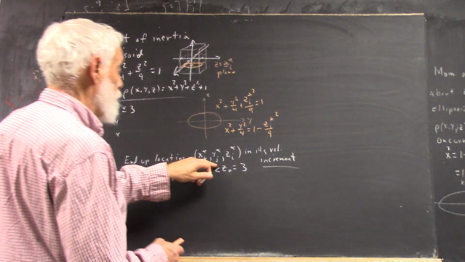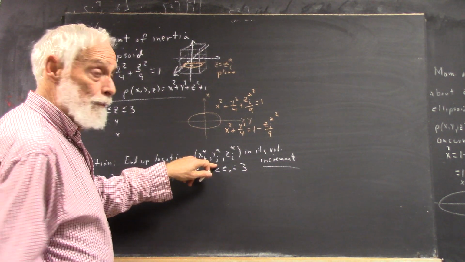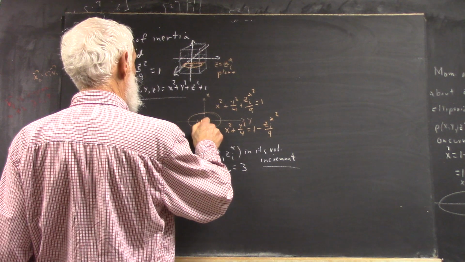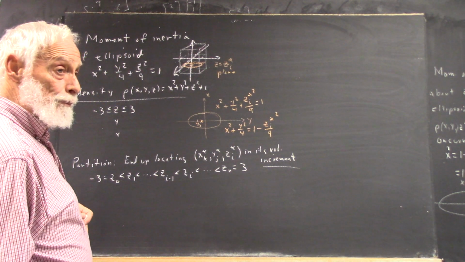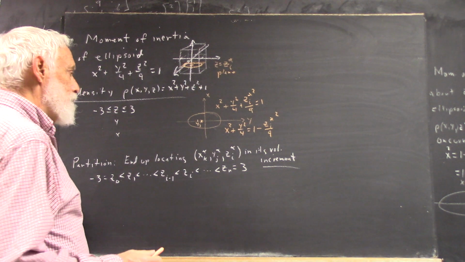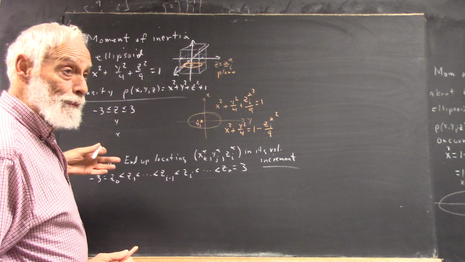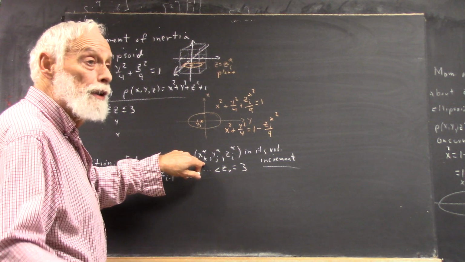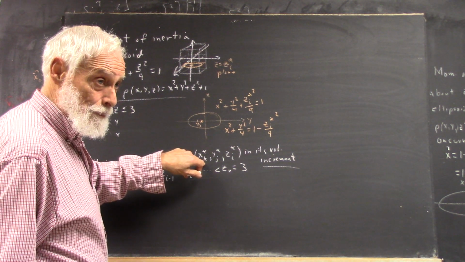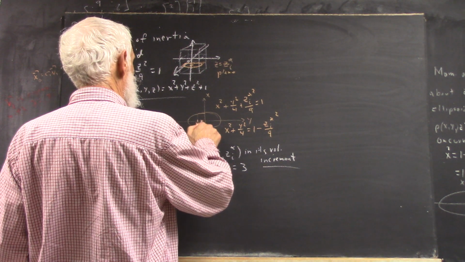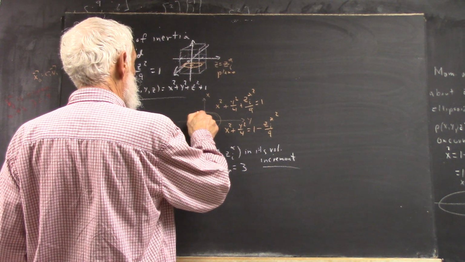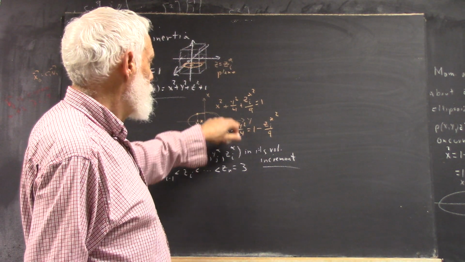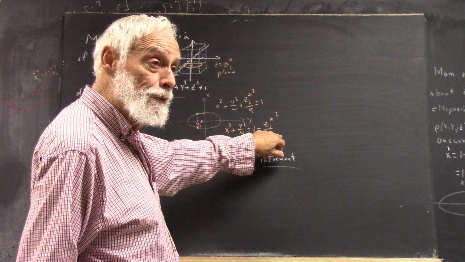Okay, well, anyhow. So now what do we do? Well, we're going to have a typical yj star, right? So here's our yj star. And we want to know what the bounds are on x, what the limits on xk star have to be. Okay? So the limits are what? Well, the limits are we go from here to here, and we know that x squared plus y squared over 4 has to equal this.